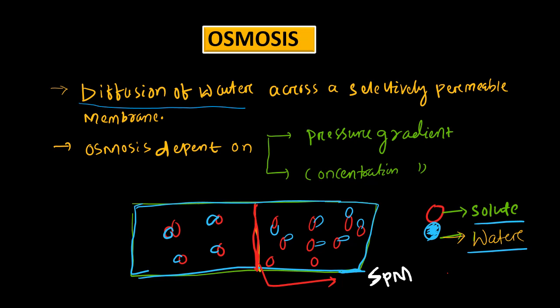But here the molecule transported is only the solvent, which in plants is mostly water, through a semi-permeable membrane.